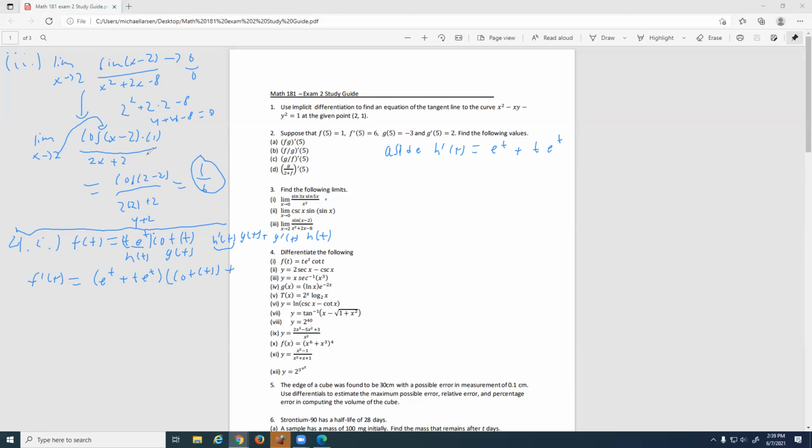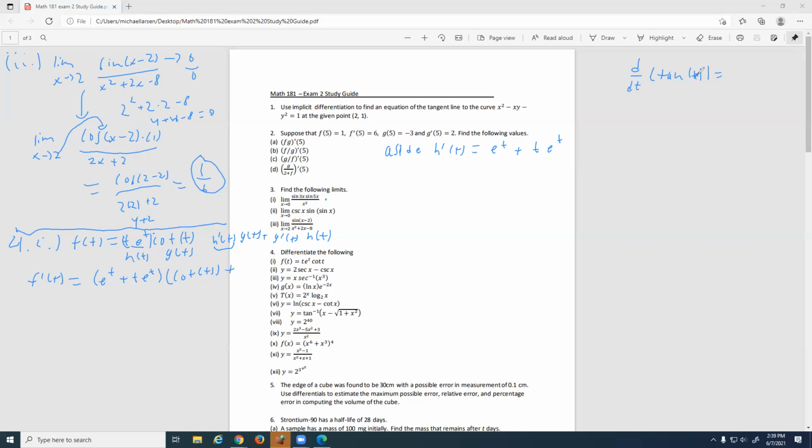So I guess an easier question would be, do you guys know what the derivative of tangent is? This is kind of one you have to memorize. There is kind of a nice proof for it. I don't know if your professor went over it, but we definitely won't have time for that.